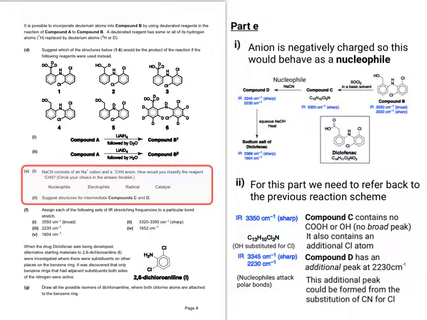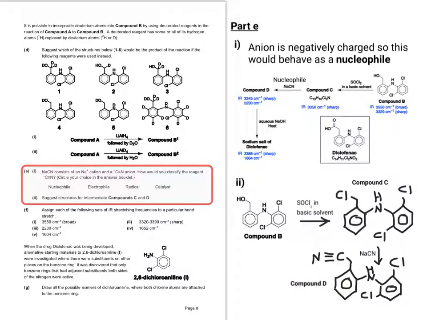If you look at the molecular formula of compound C and compare it to compound B, the OH is gone. So there's no OH, so there must be a Cl instead. So the position of the OH in compound B must be substituted by a Cl. And that Cl can be substituted further by C triple bond N. So that gives us the structures for compound C and compound D.